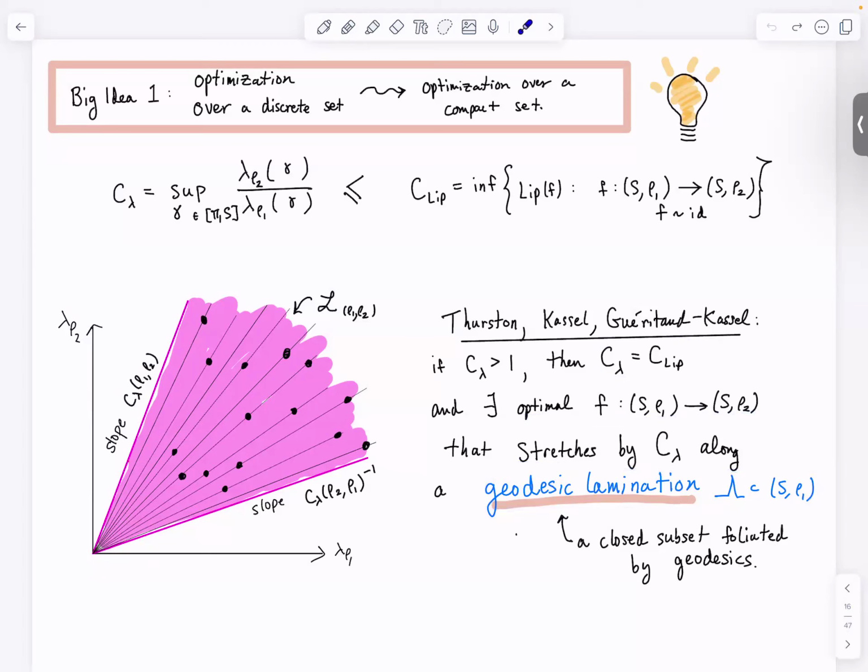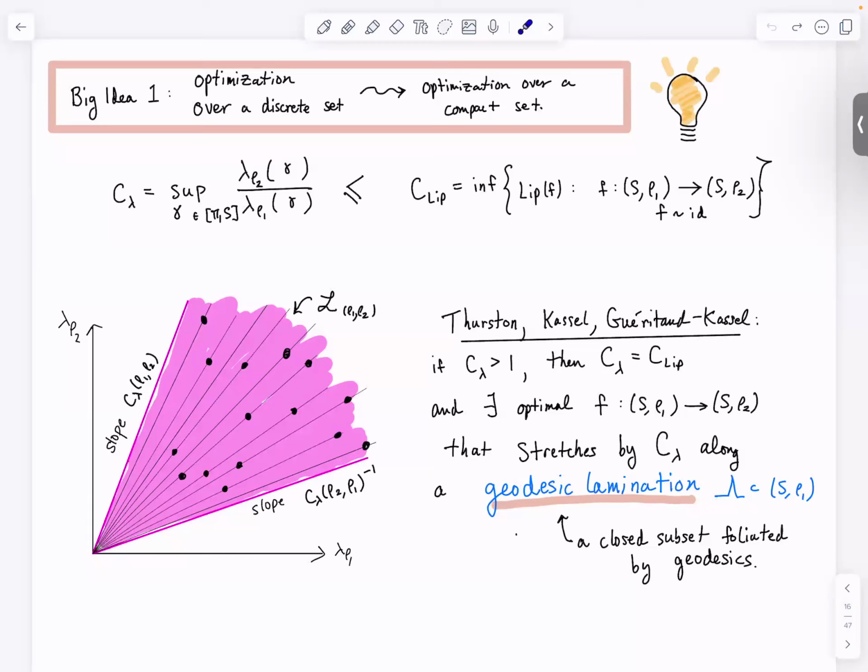Okay, who knows what a geodesic lamination is? Who does not know what a geodesic lamination is? Okay. So geodesic lamination, it only makes sense a priori to talk about this with respect to a particular hyperbolic structure. In fact, there's a way to go between that. The same lamination can be made sense of in any hyperbolic structure, but let's come back to that.